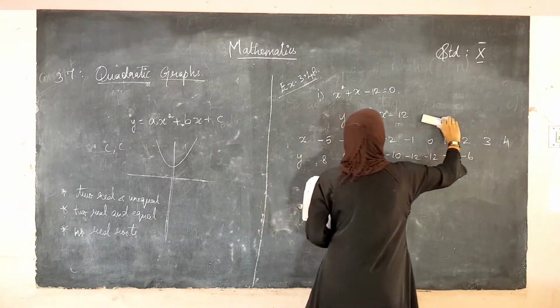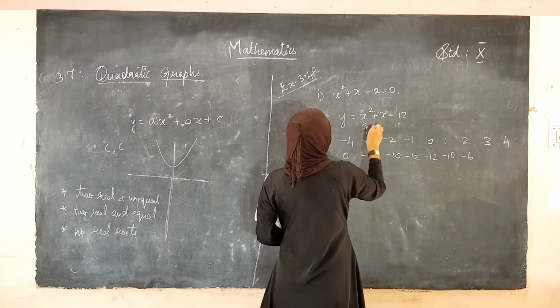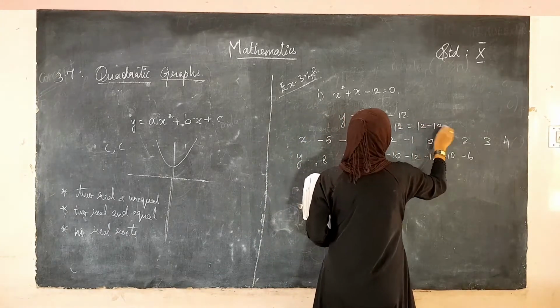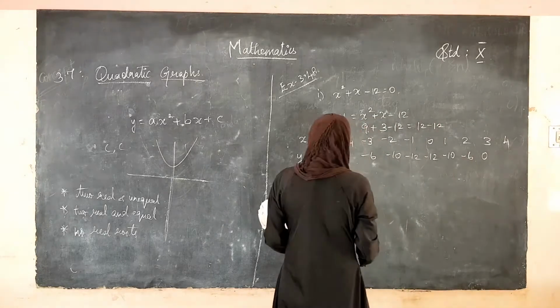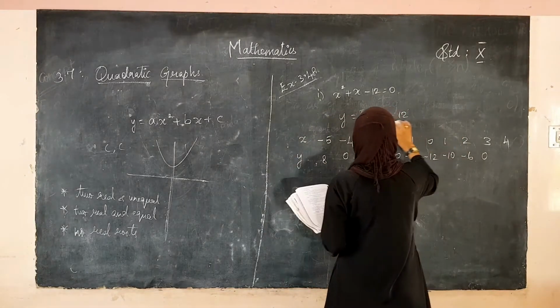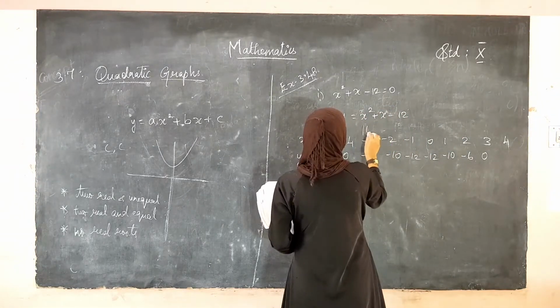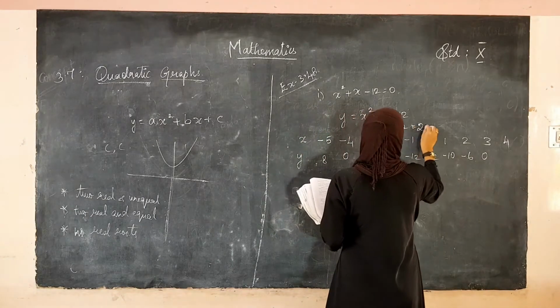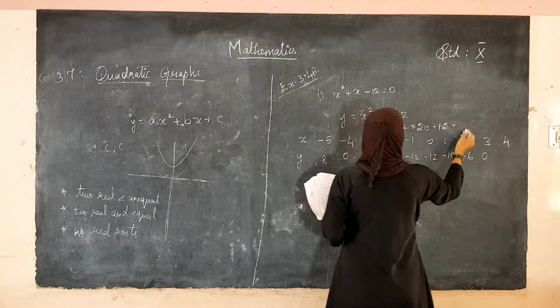Again for 3. 3 square is 9 plus 3 minus 12. Okay. 12 minus 12, it becomes 0. Okay. Again for 4. 4 square is 16 plus 4 minus 12, which is equal to 20 minus 12, which is equal to 8.